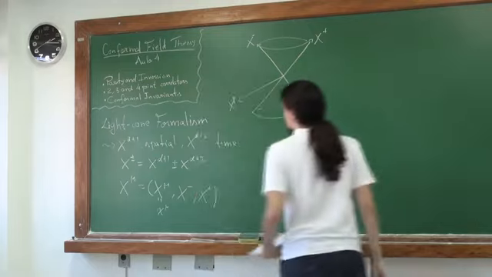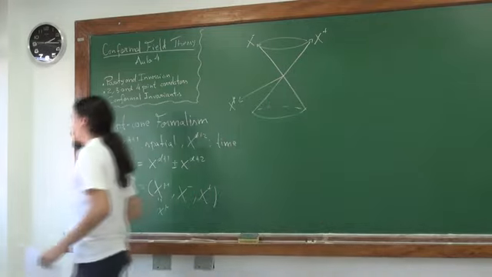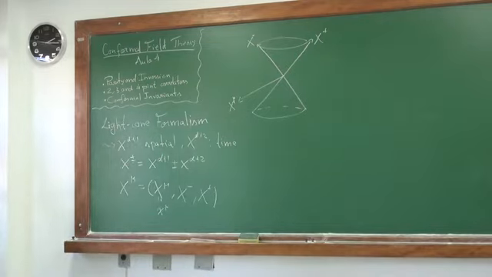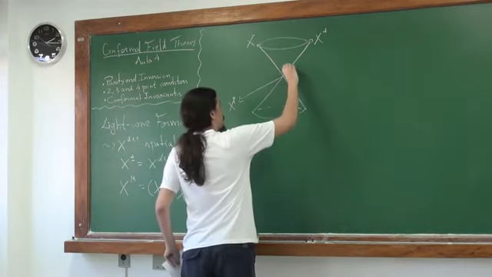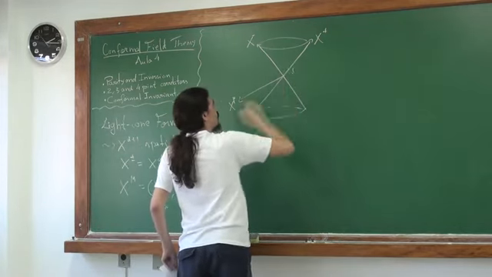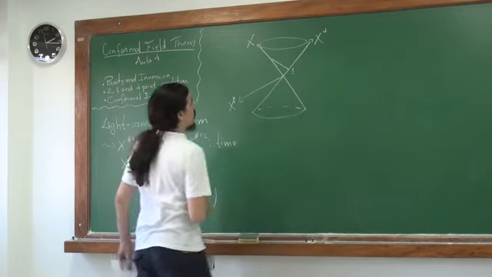Okay, and we found that the physical space was this constant section here that we chose at x^+ equal to 1, something like this.